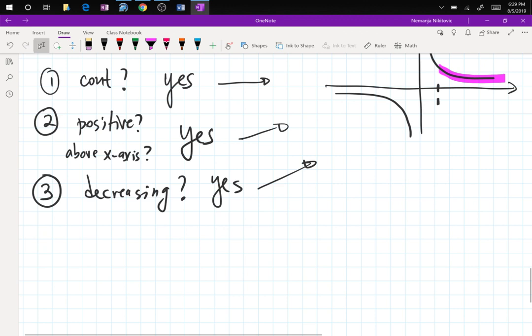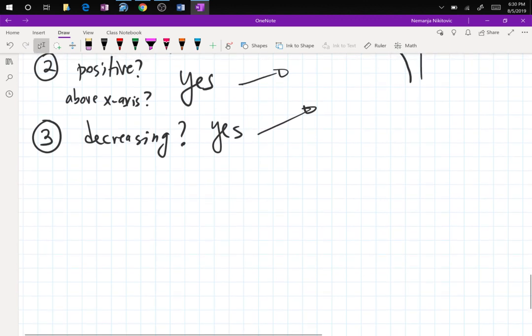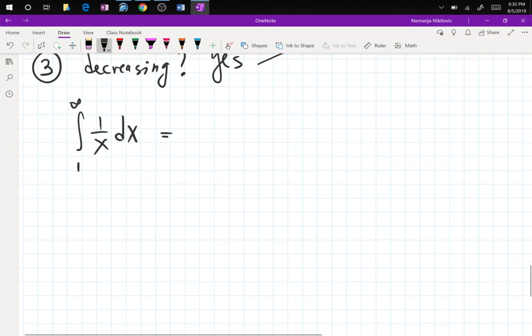So now that we established yes, yes, and yes, all 3 of these conditions have to pass, then we can look at the integral from 1 to infinity of 1 over x dx. So that is the integral that we get to solve. It's an improper integral. Just had the exam on improper integrals, so you know that you are supposed to go limit b goes to infinity, integral 1 to b of dx over x.